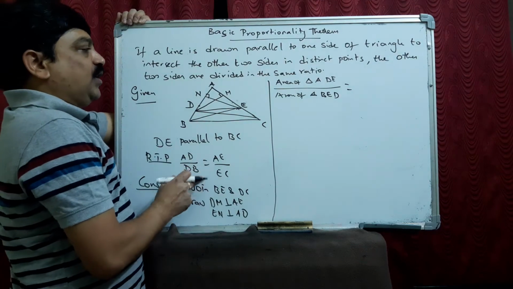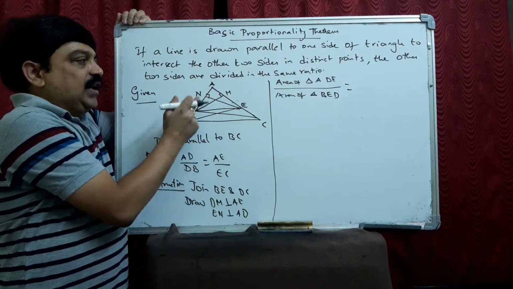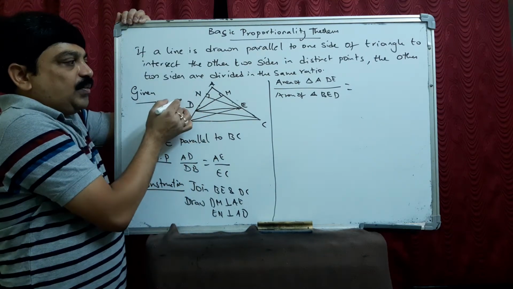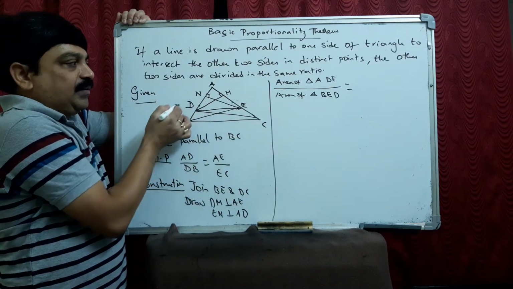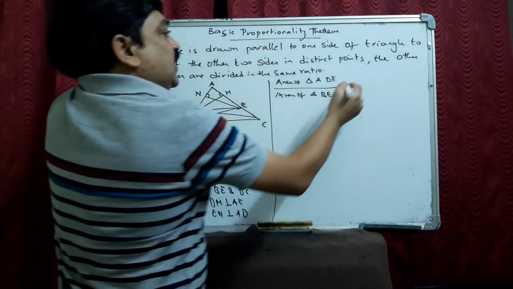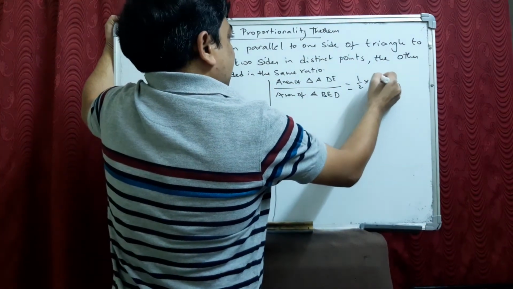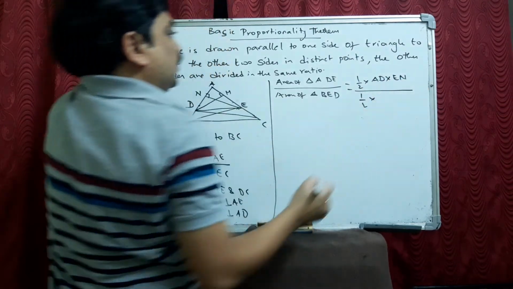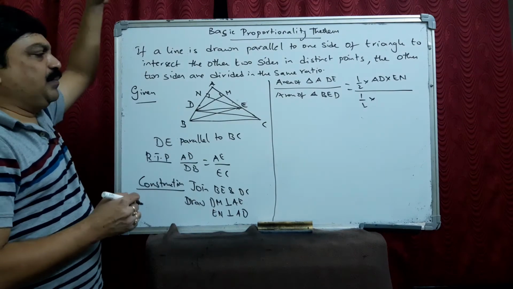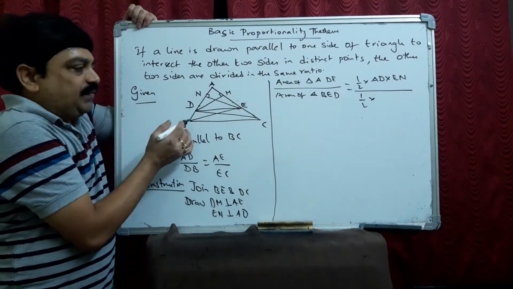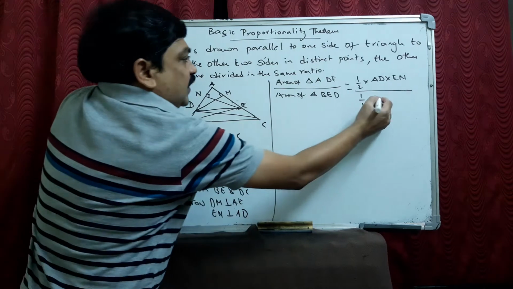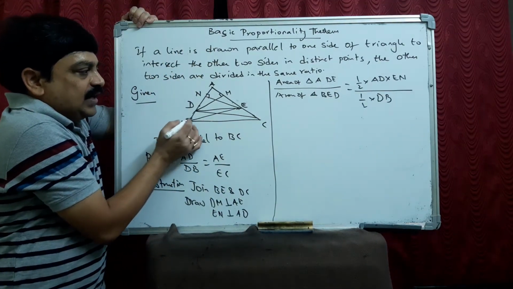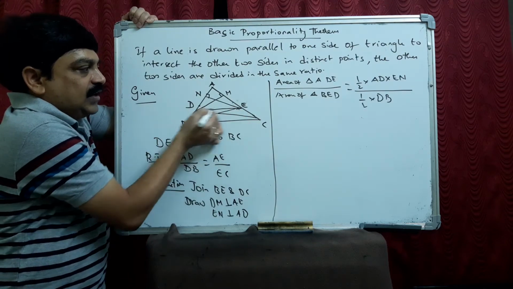When I take area of triangle ADE, if I take base as AD, what will be the height? EN is the height. So half into base AD and height EN. Now, for triangle BED, suppose I take base as DB. Where is the height?